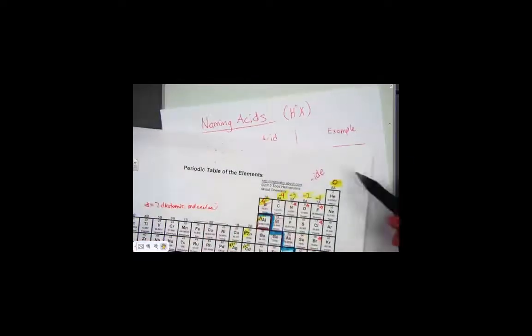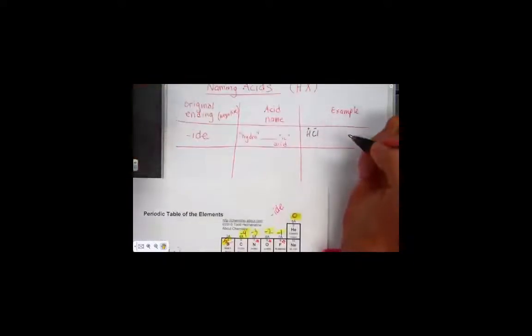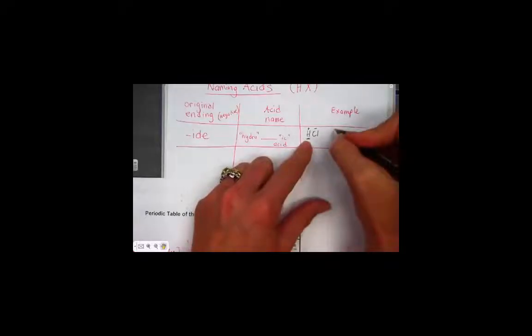Let's take this H and hook it to something over on this side that would end in "ide." Let's just pick chloride, Cl with a -1 charge. So the formula HCl, +1 balances a -1. This formula starts with an H. We would have named this hydrogen chloride, here with the IDE ending.